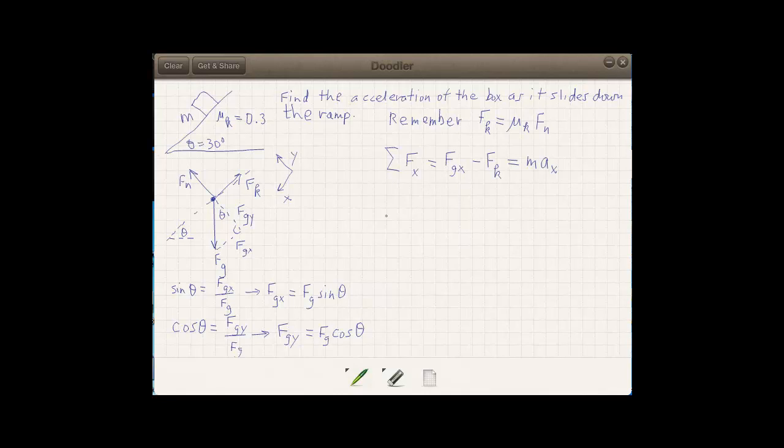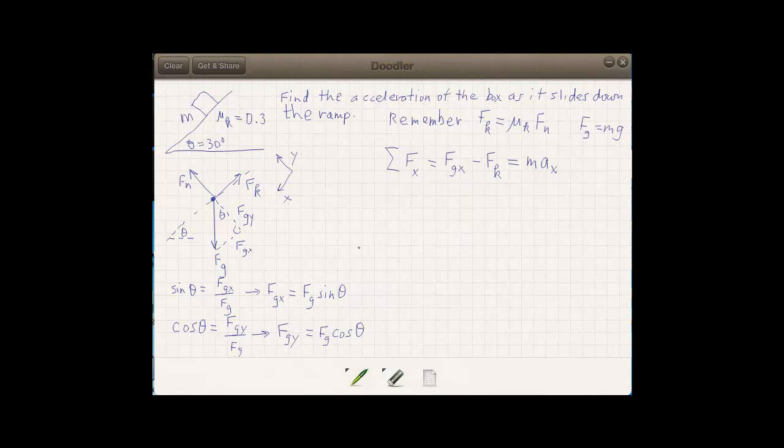Sure we can, because we know Fgx is Fg sine theta. And remember that Fg, the force of gravity, always has a magnitude that's given by the mass times g, the gravitational acceleration due to the Earth.